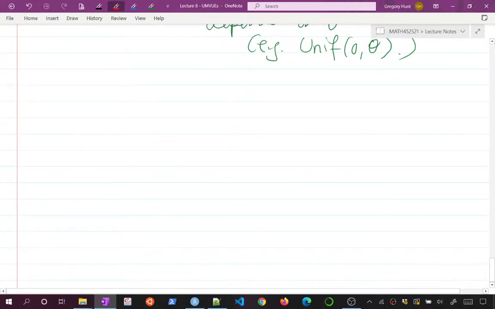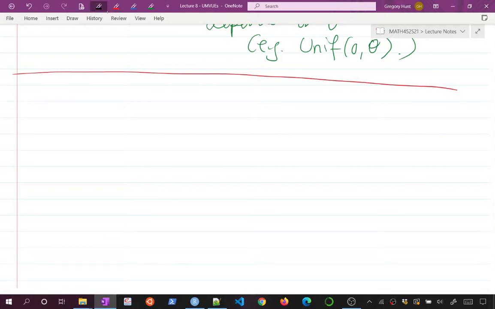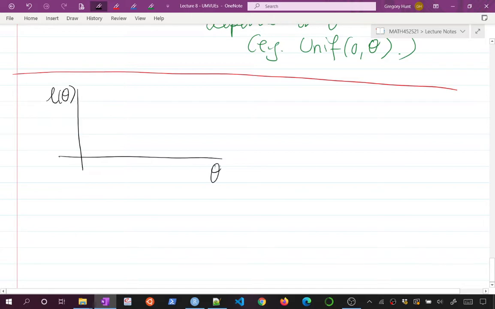Okay. So let's go back again to our little picture of L of theta against theta. The picture you should have in your mind is that we have this MLE here, and that basically corresponds to the maximum of our likelihood or our log likelihood, right?